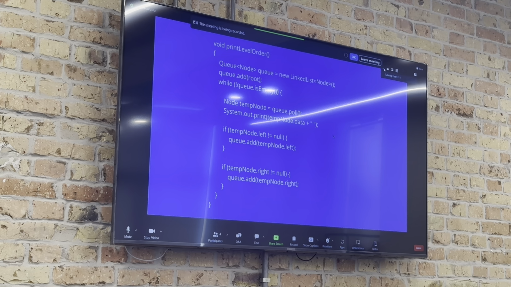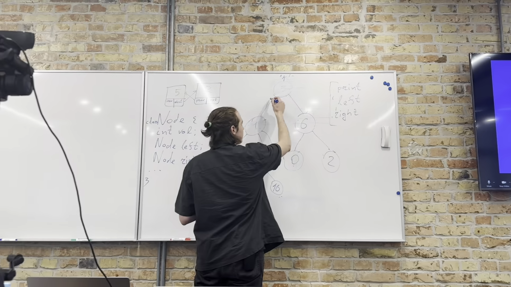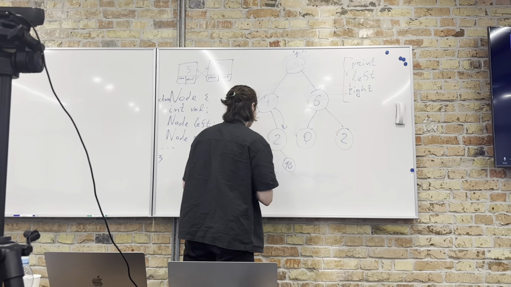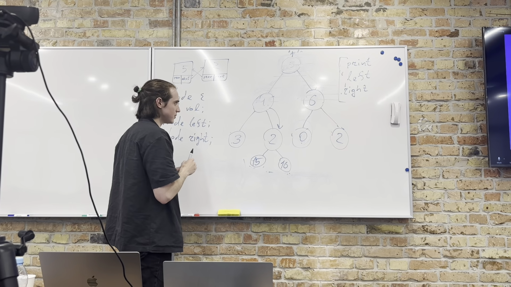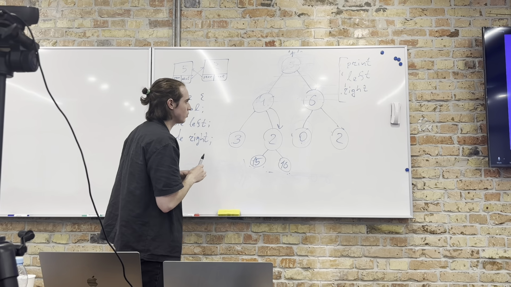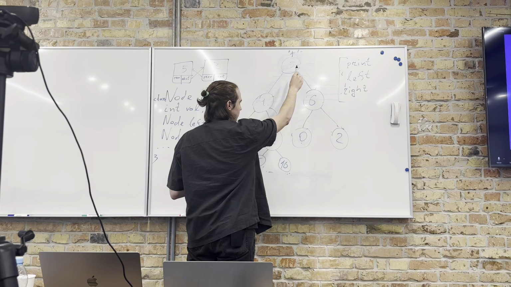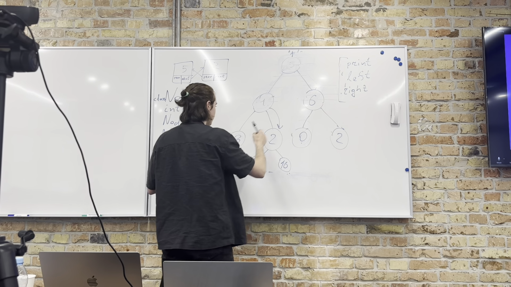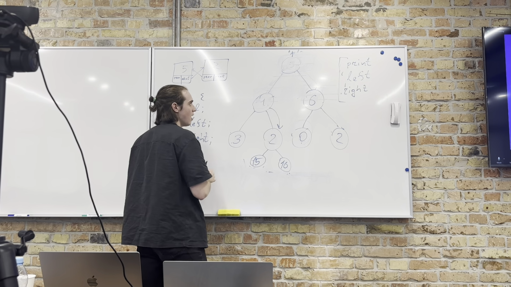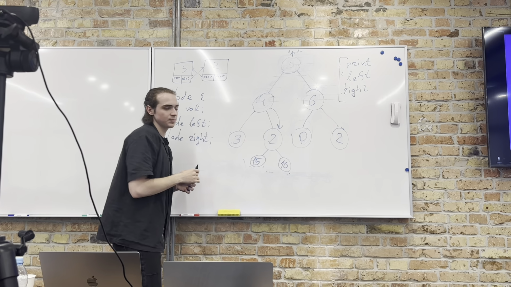If you want, you can check it by yourself, but the main principle is that we use a queue, and we add our elements into the queue. At the end, we will have a queue filled with our elements level by level.